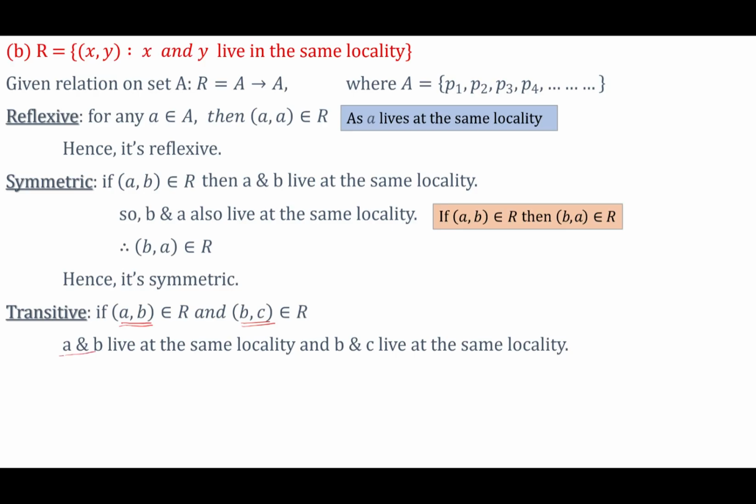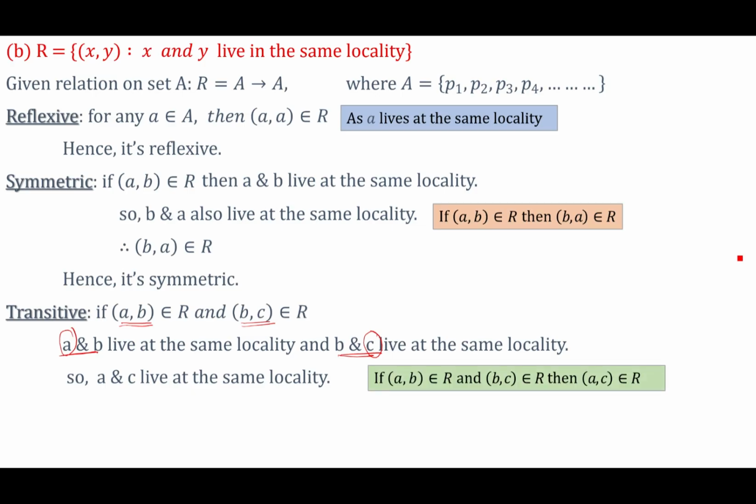Now, if a and b and b and c live in the same locality, which means a and c also live in the same locality. Right? What is a transitive relation? If (a, b) belongs to R and (b, c) belongs to R, then (a, c) must belong to R. So (a, c) belongs to R. Hence, it is a transitive relation.